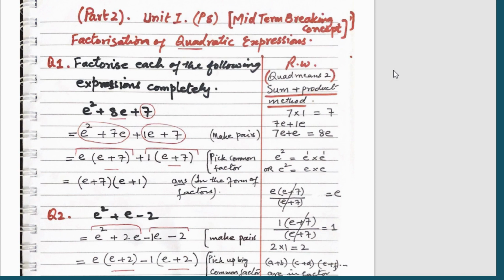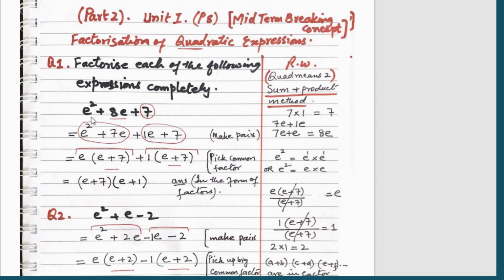Okay, now come to question number 1, factorization of quadratic expressions. Now look at quad. I have underlined the word quad. Quad means 2. Quadratic expression means expressions involving power 2. Look at the expression given in question number 1.